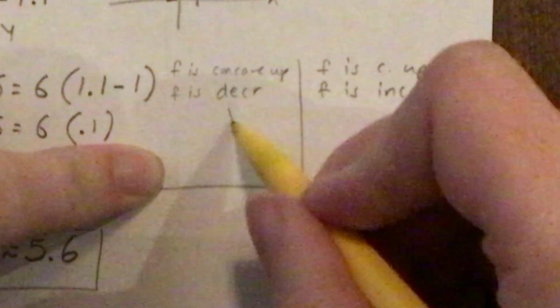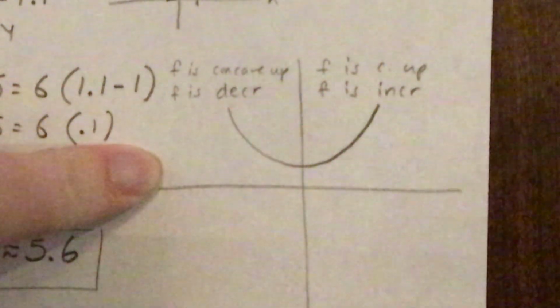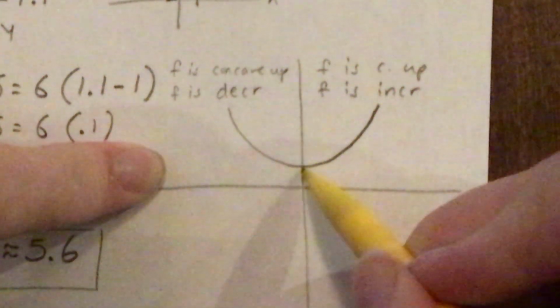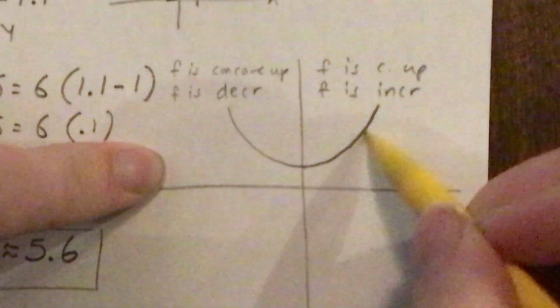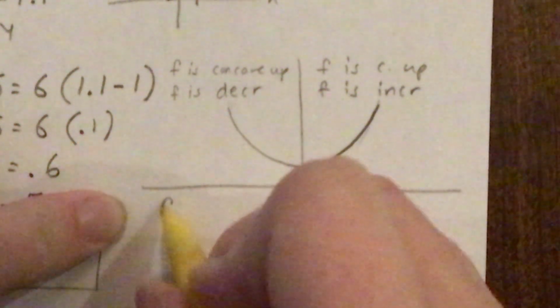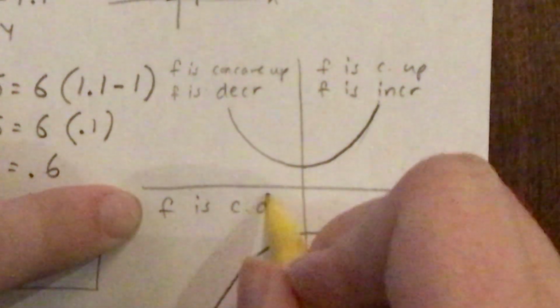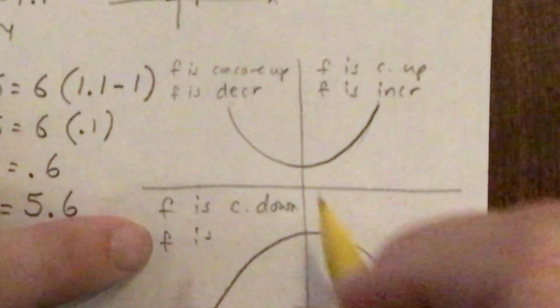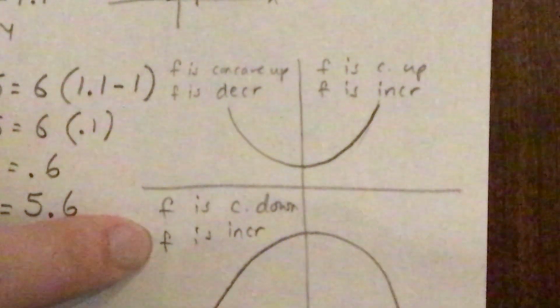Concave up looks like this, right? Concave up. This half of it is decreasing. This half of it is increasing. Then I'm going to draw a frown down here. This half, f is concave down, and f is moving up as we move to the right, so that is increasing.